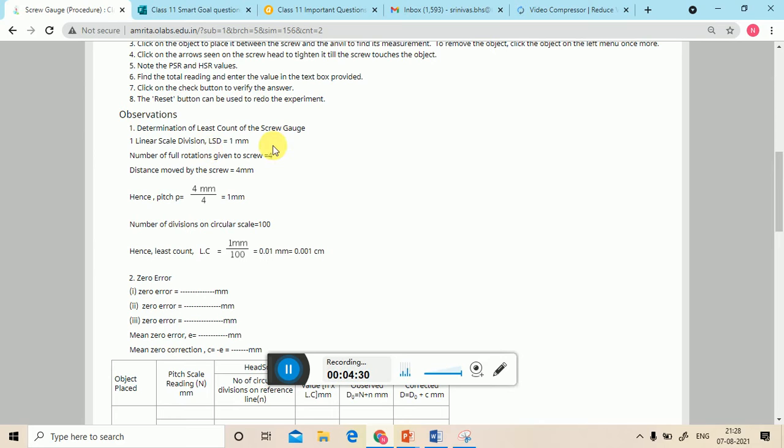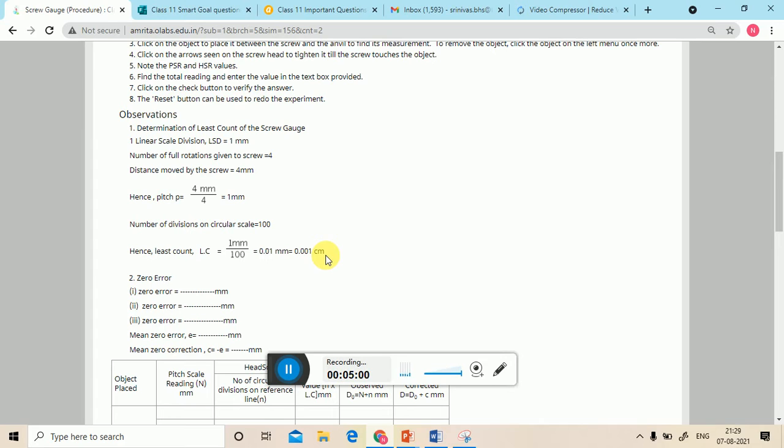I will show you what this linear scale division is. Before that, let us see this procedure in detail. The distance moved is the linear scale division, and for every screw gauge we have 100 circular scale divisions. So the least count can be calculated as 1 millimeter by 100, which is 0.01 millimeters, and if you convert it into centimeters, you will get 0.001 centimeter.